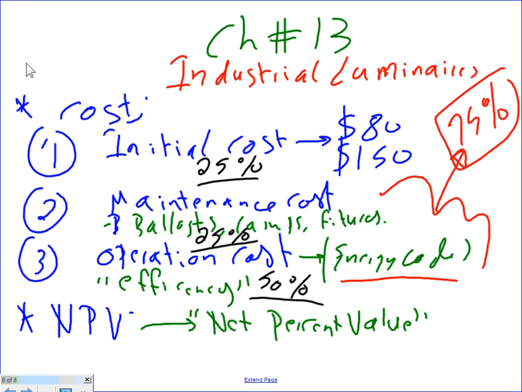Because look at the percentage of the dollars going towards the initial cost versus the percentage of the dollars going towards the maintenance cost. Over the life of the fixture, it will be cheaper to buy an expensive fixture and maintain it than to buy a cheaper fixture and have to spend a lot of money to maintain it and a lot of money to operate it.